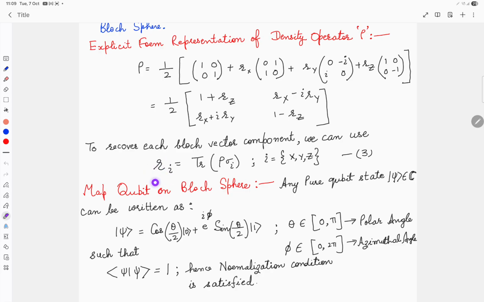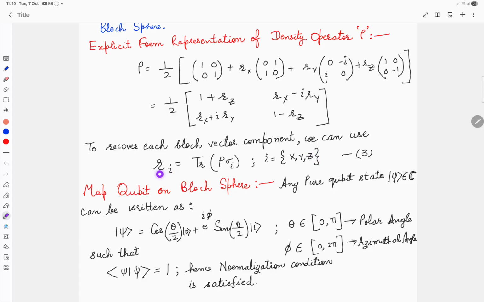this: Ri is equal to the trace of the density operator and the Pauli matrix. That will be equal to the component of the Bloch vector. The index i is either x, y or z.